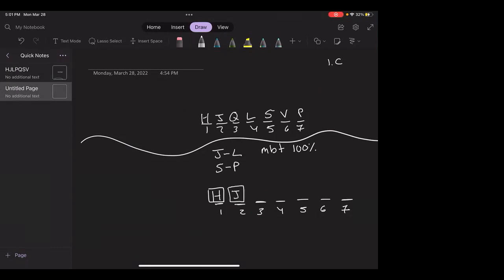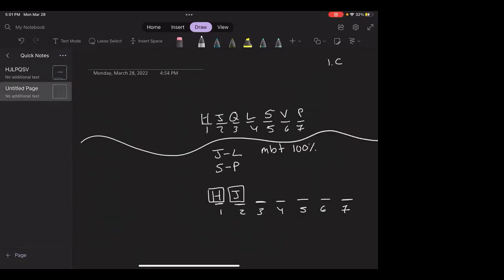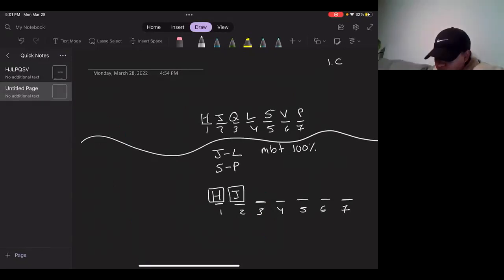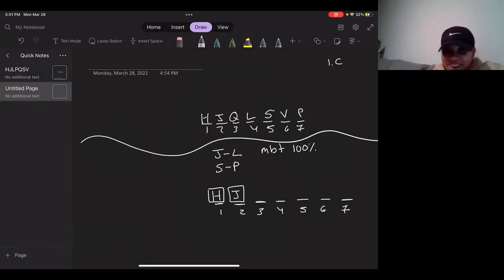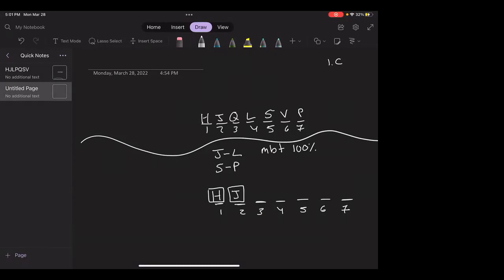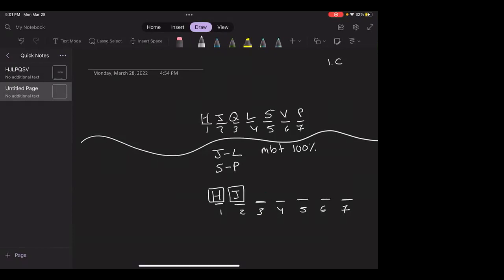Okay. So then let's take a look at the rest of the chain. We have J has Q after it, but in this case, it also has L after it, right? Yes. I was just trying to rewrite the chain again. No, take your time. So we have that J, right?